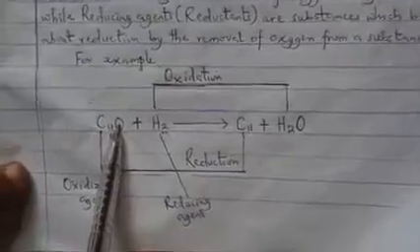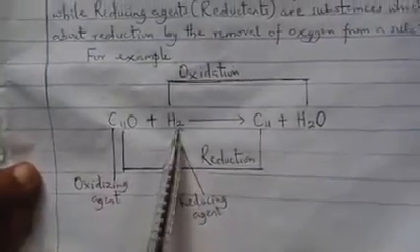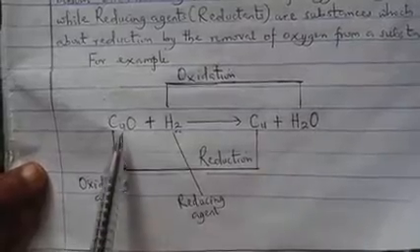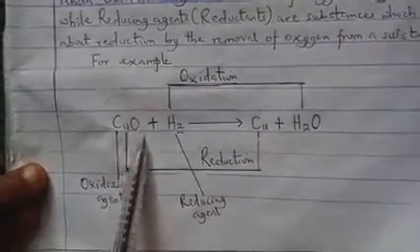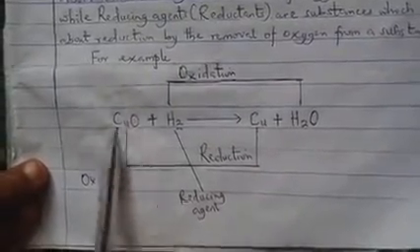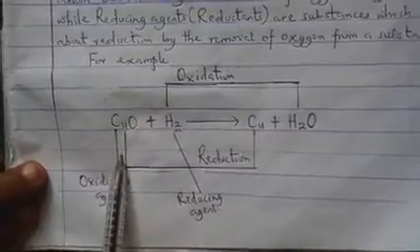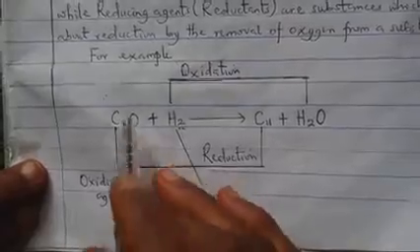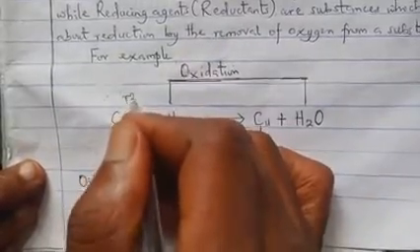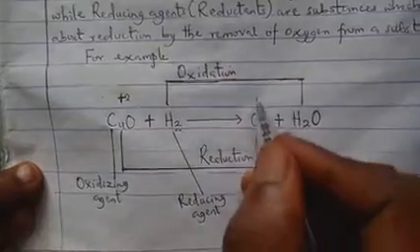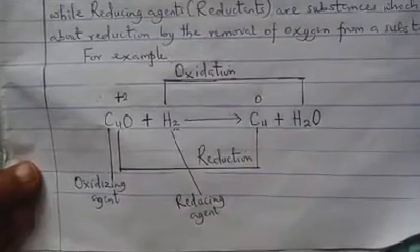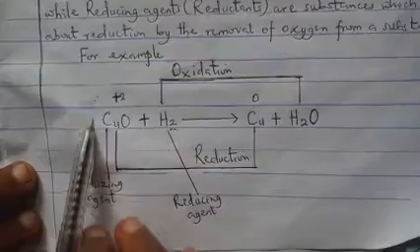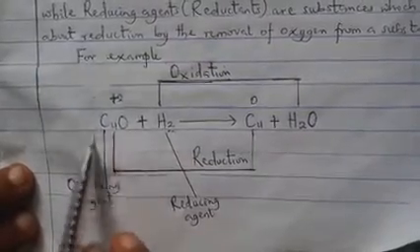Let's look at this equation: CuO plus H2 to give us Cu plus H2O. If you look at this CuO, it is an oxidizing agent, because it goes from +2 to 0. That means an oxidizing agent is a substance that has undergone reduction.